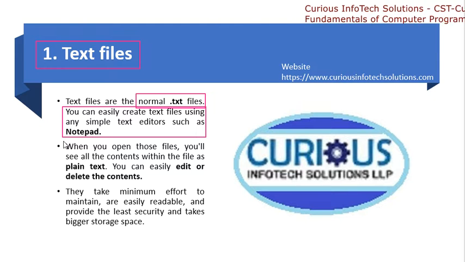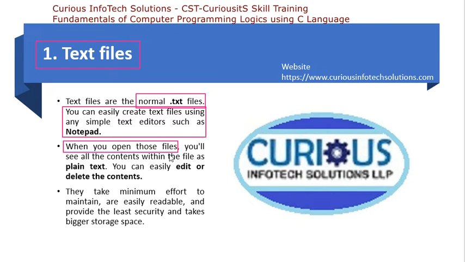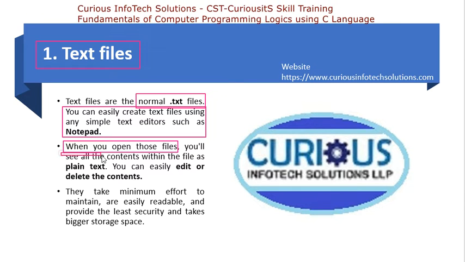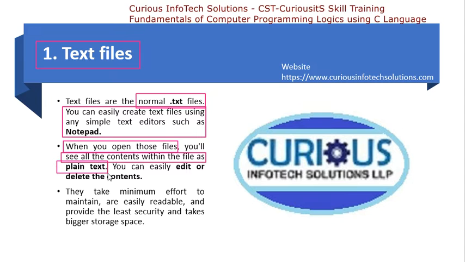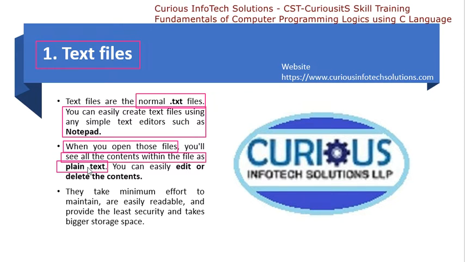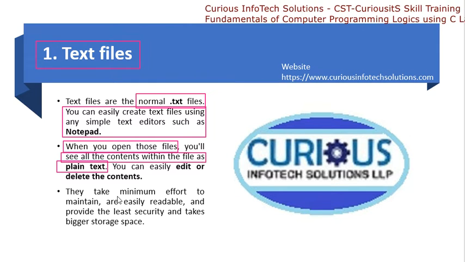Now when you open this file, you will see all the contents within the file as plain text. So this is the important word, plain text. It is not a control text.